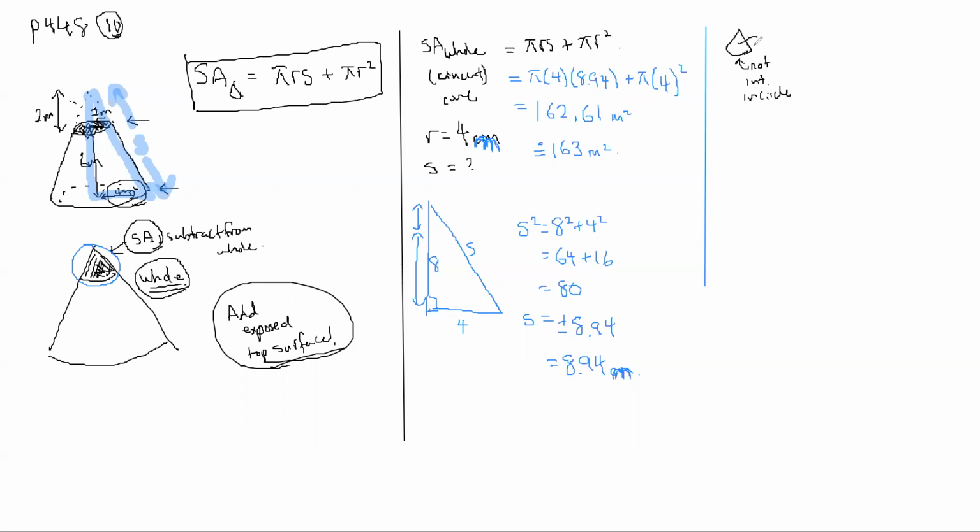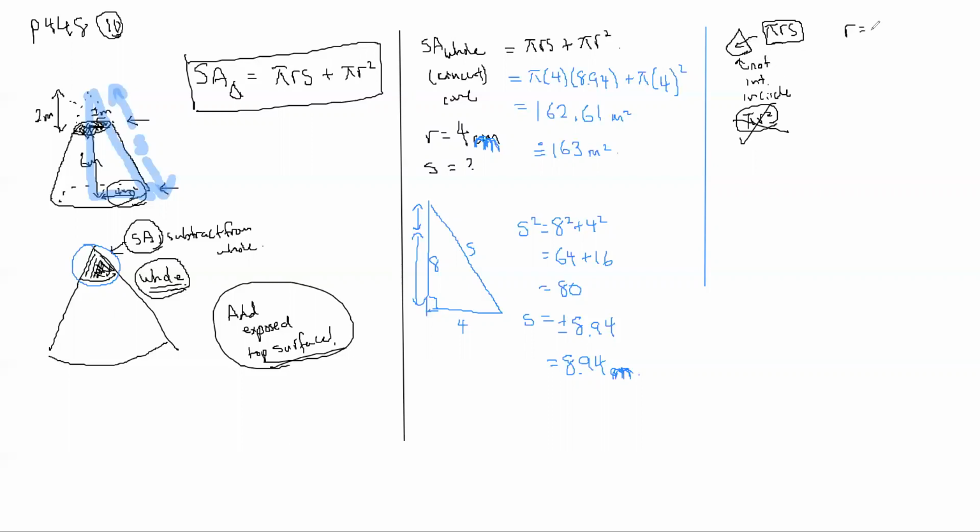I only need the area of the surface, the slant surface, which means I only need the pi rs portion. This is why my explanation comes really handy, because you know that all we need is pi rs. I do not care about the pi r squared portion. So what is pi rs of that tiny, tiny cone?